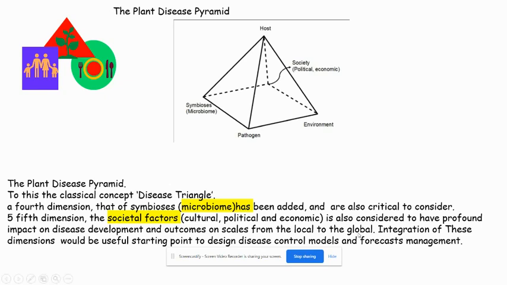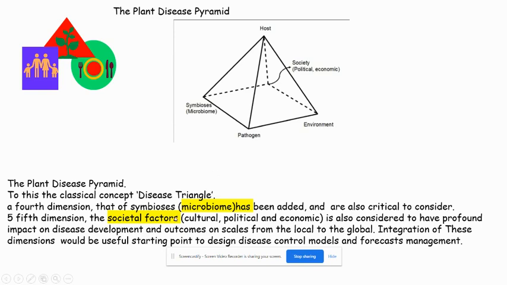Recently, some more dimensions have been added to the disease triangle, and now it is treated as disease pyramid. Another dimension which has been added is that of microbiome. Actually, it is considered that disease will develop and the magnitude of disease will depend on the microbiome, that is the total population of microbes which is present in and around the plant and interactions with the host plant and with the pathogen.